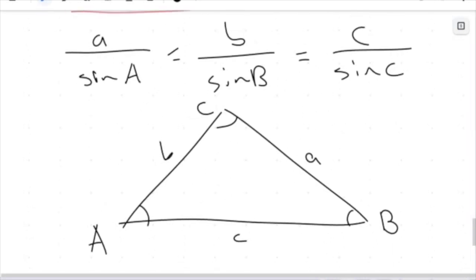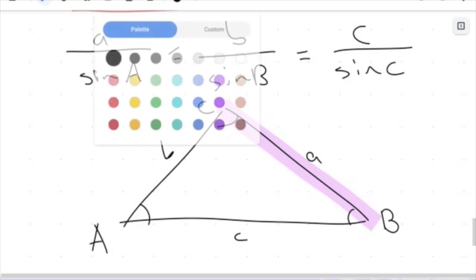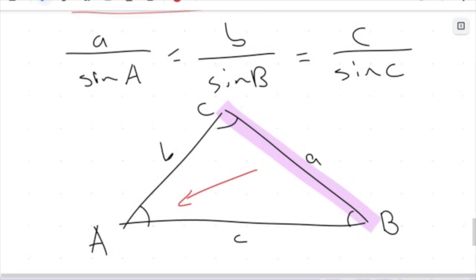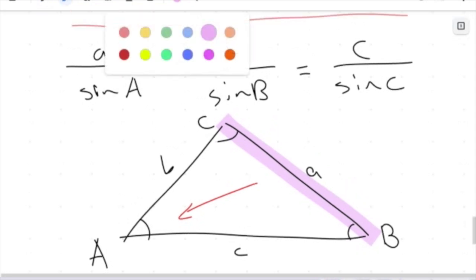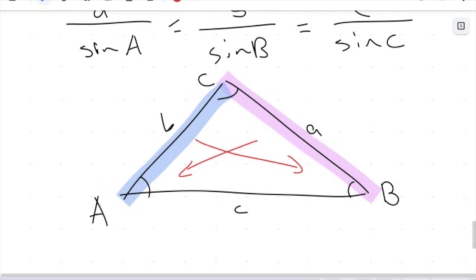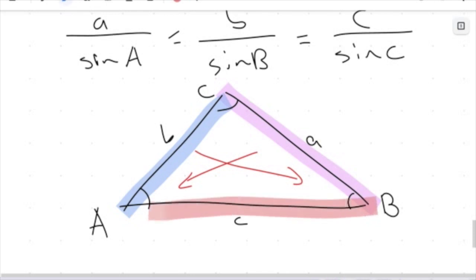So what our sine rule tells us is that the fraction of one side over the sine of its opposite angle, so this side, for example, with this angle, is going to be equal to another side, in a different color, b, for example, over the sine of the angle opposite to it, so this one here, and finally a third side over the sine of its opposite angle up here.